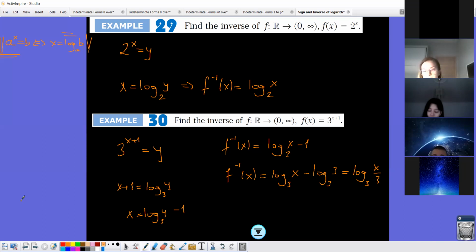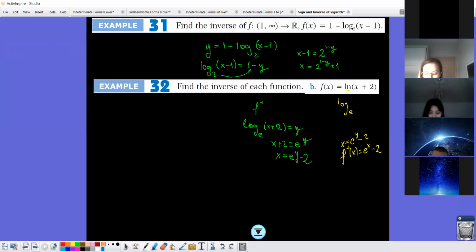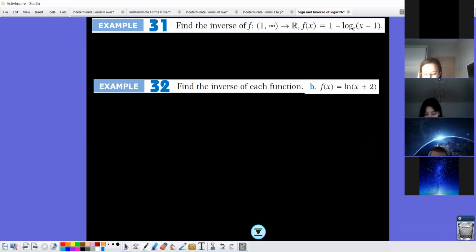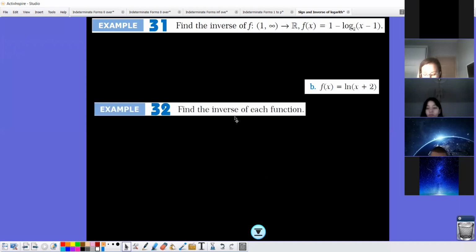And this is a hard lesson to understand, the sign of logarithm, inverse of logarithm, because you haven't seen the inverse of a function till now. It's okay. Did you finish writing? We were finding the inverse of exponential functions. Now we have the inverse of logarithmic functions.